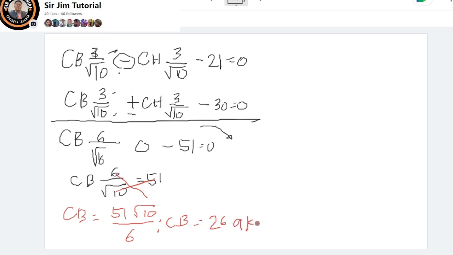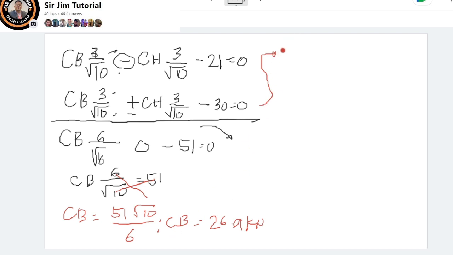26.9 kilonewton. Now you can choose from here, for example, this one or the other one. But here we can use, for example, CB. CB is already 26.9. We can use this one equation. Write it here.